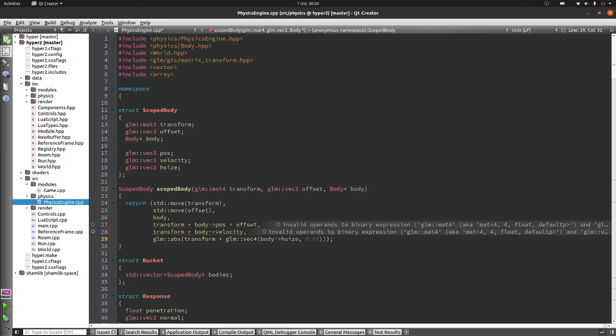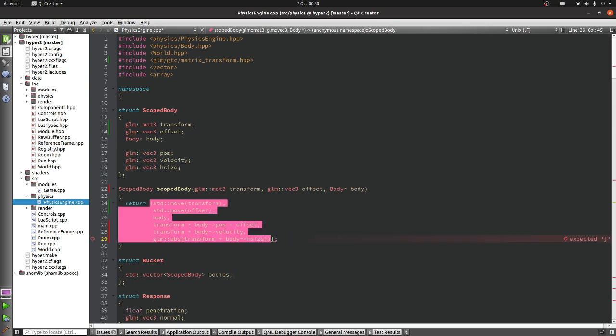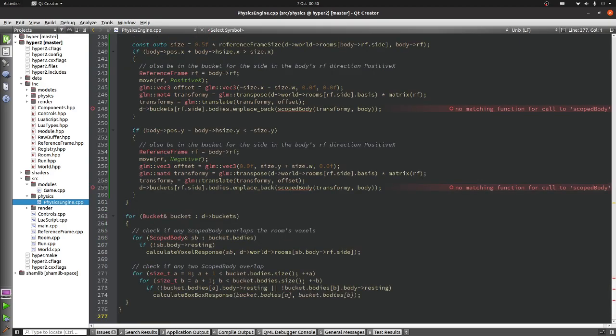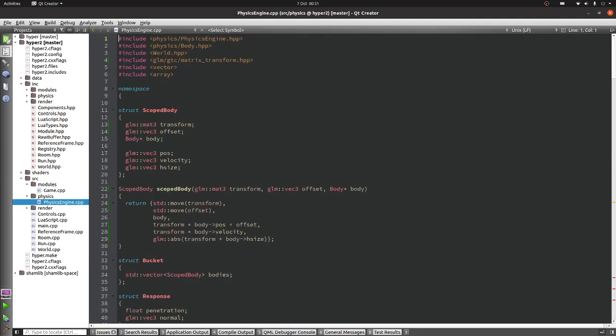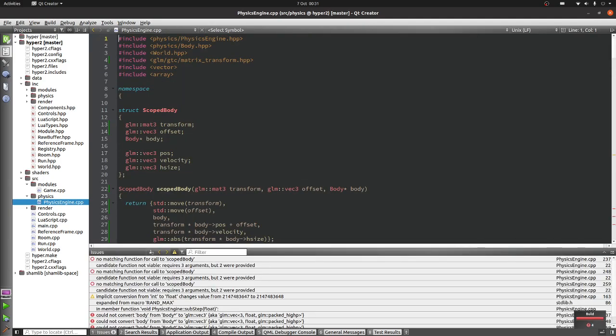Nope, offset. And then this just becomes absolute transform times stage size. So all in all, it's less complex. Obviously everything's like, oh, what are you doing? But that's fine.